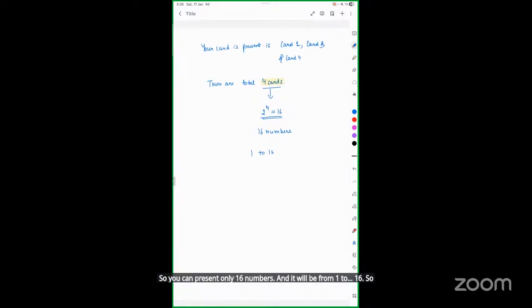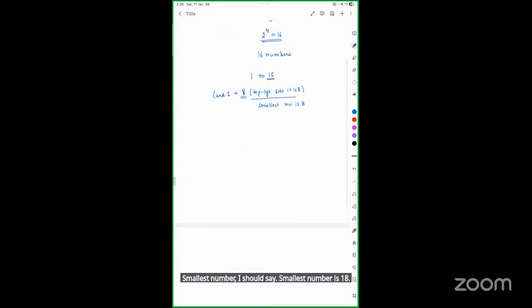Generally, card 1 we present with the numbers that have the topmost left bit, which is 8, because we are presenting numbers up to 16. That means the smallest number in it is 8.